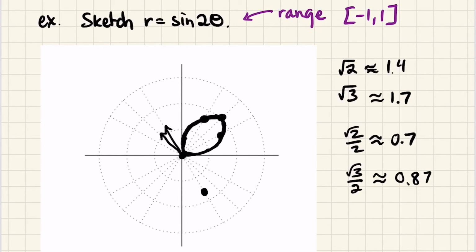So while we're pointed in that direction, we actually are going to have a point negative 1 unit, so backward. And 5 pi over 6 right here, sine of double that is sine of 5 pi over 3, which is negative rad 3 over 2, and that's about here again. And finally at pi, we're just evaluating sine of 2 pi, which is 0. So we're back at the origin yet again.